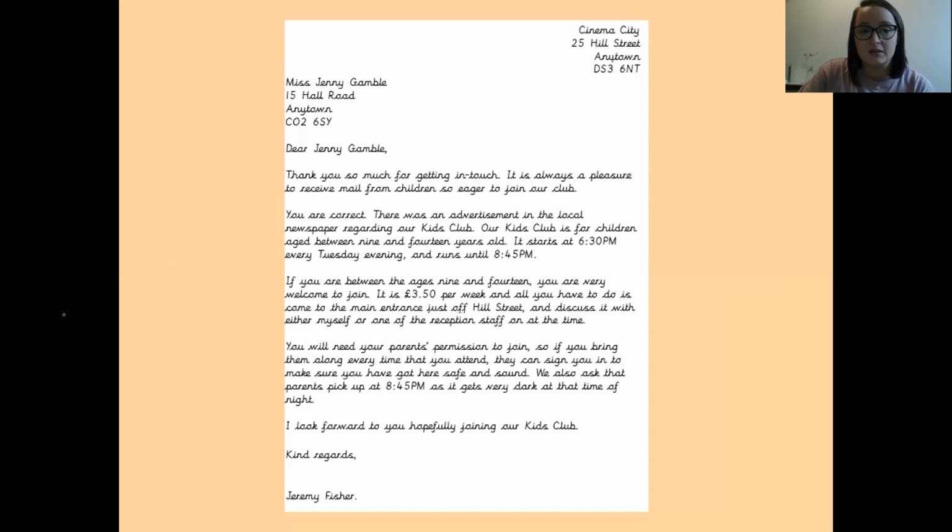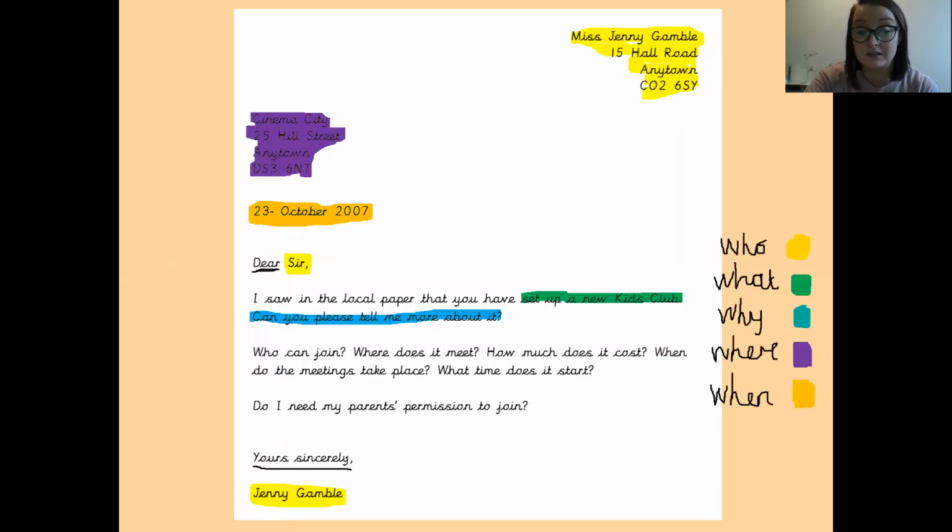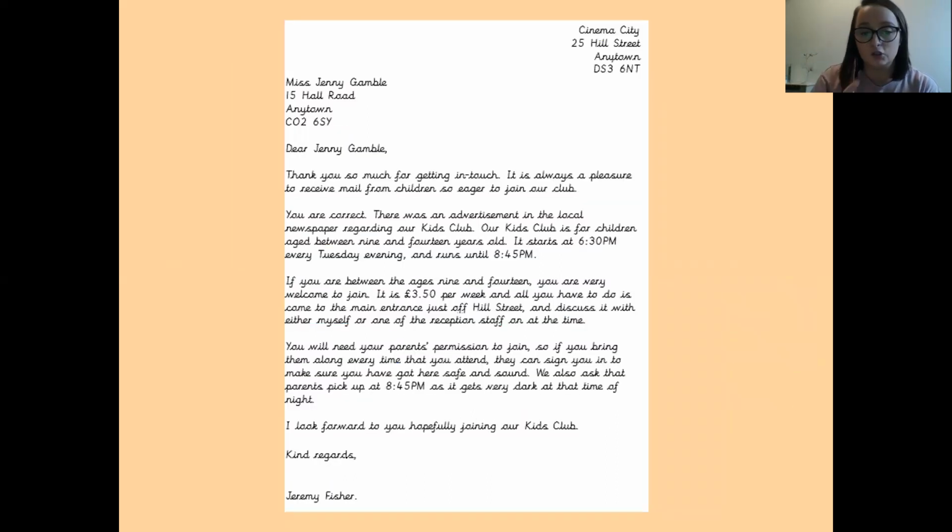Now it's got the address, it addresses the person who is being written to. If you look, it says kind regards, whereas on the other one it said yours sincerely. There's lots and lots of detail on it. Now, this sheet is uploaded to Class Dojo Portfolio as an activity. So you need to log on as yourself to carry this activity out.